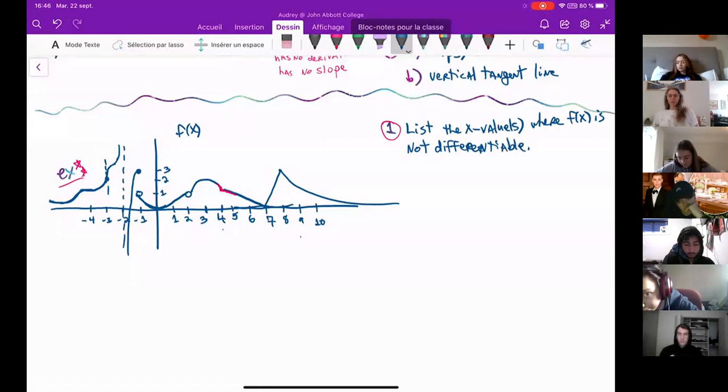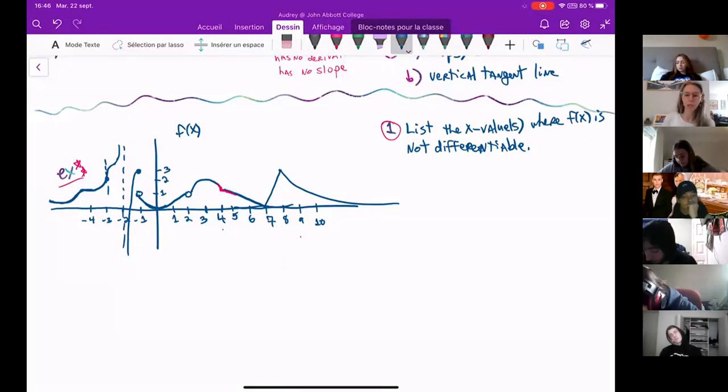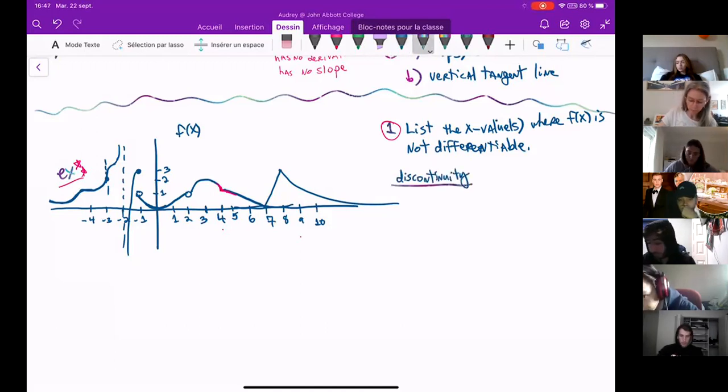And so for these questions, especially because a lot of times we're asked afterwards to separate the different types of non-differentiability, it makes sense if you're asked this to separate this into the 3 different things that could happen. So we're going to start off by listing the discontinuities. Hopefully you guys are still good at that.